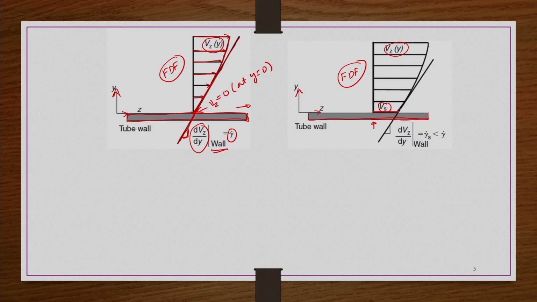And then after that, as you move further away, what happens? Again gradually the velocity increases, same like in the previous case. But now the overall magnitude of the velocity, if you see at different y values compared to the previous case, the velocity is higher at every location. Because of this, you will be getting higher flow rate than expected.